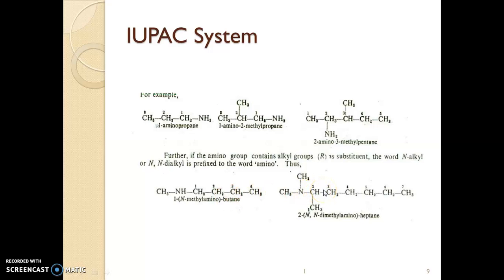In the next structure, this is the N, the functional group amino, to which 2 methyl groups, the alkyl groups, are attached. So here it is written N-dimethyl amino heptane. Why heptane? Because it contains a 7 carbon chain. So this rule is applicable if alkyl groups are attached as substituents to the amino group.